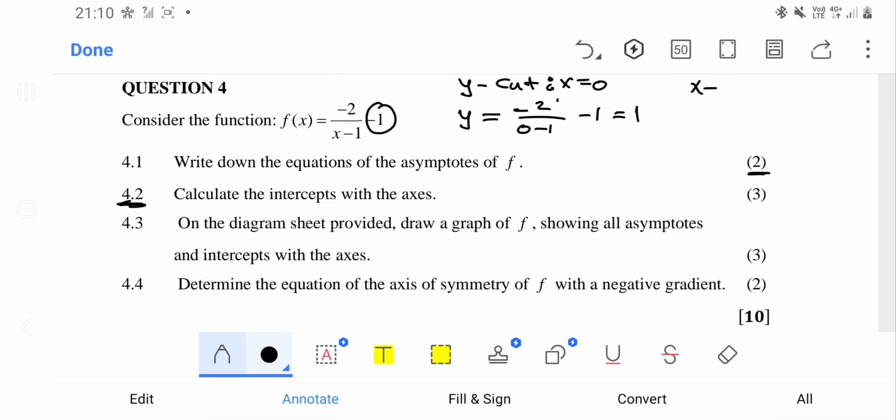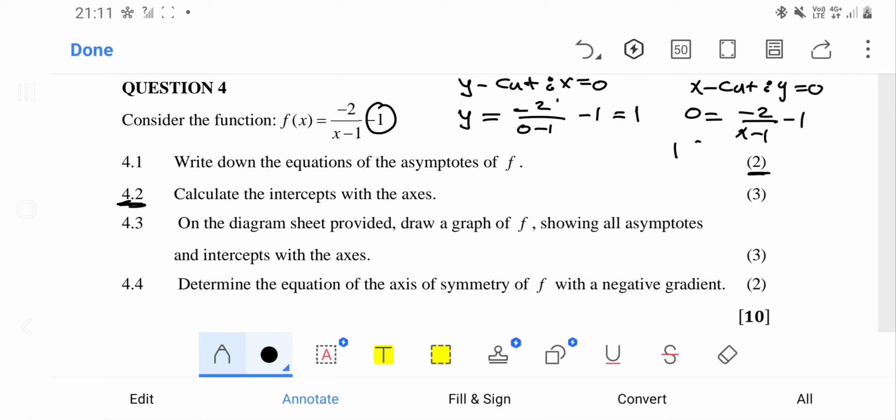So with the x-intercept, we know that y is equal to 0. That's where your graph of f will cut the x-axis. At that point, y is equal to 0. So we say 0 is equal to -2 divided by x minus 1, minus 1. So we transpose. You move -1 from the right hand side to the left hand side, we get 1.